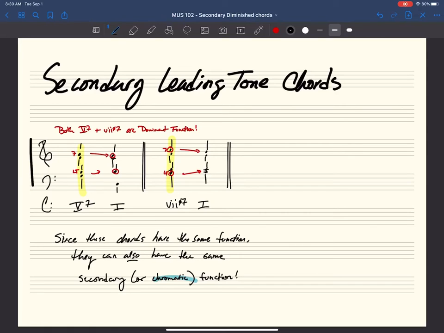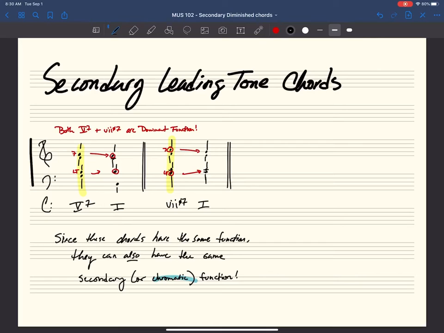There's the five, which we also called the dominant, but then there was also the seven. We call the seven dominant function because it is. When you have a seven chord in a diatonic key, it does what dominant chords do. Usually it goes to one. Sometimes it doesn't, and that's really cool. But for the most part, that's how it works.